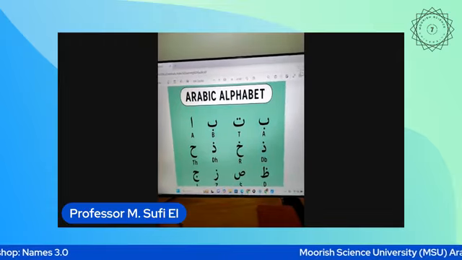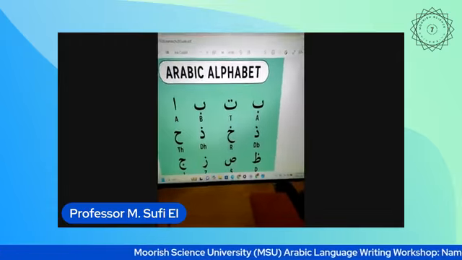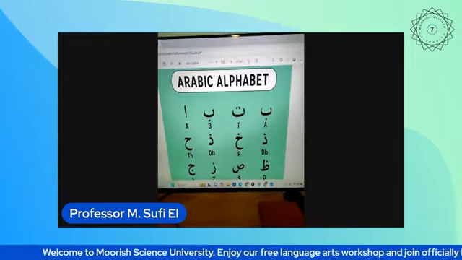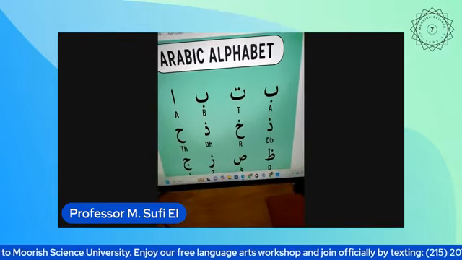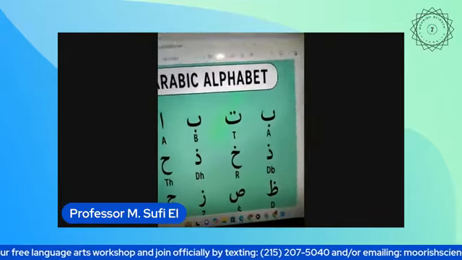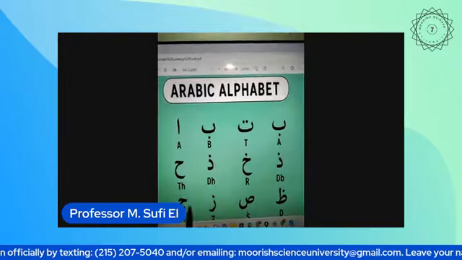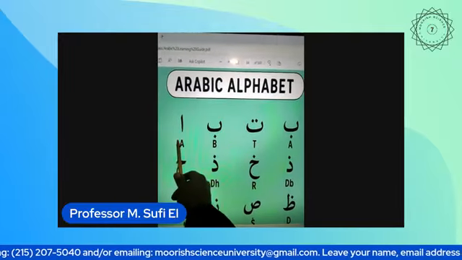Let's see how this goes. You're going left to right, so it'll be helpful. Let's use our pen. We got the A equivalent, Aleph.